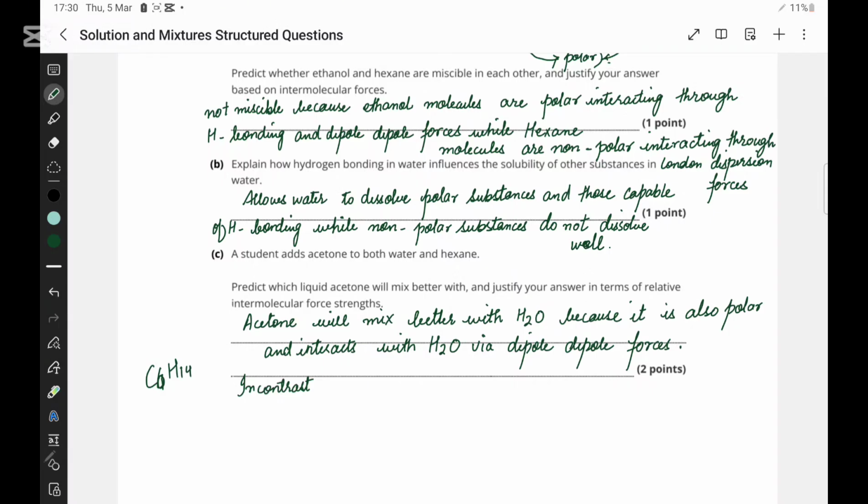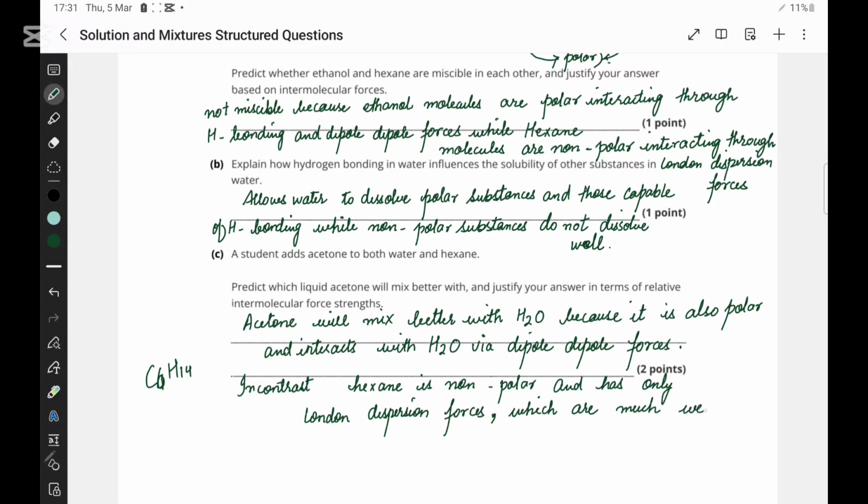So in contrast, hexane is non-polar and has only London dispersion forces, which are much weaker than dipole forces.